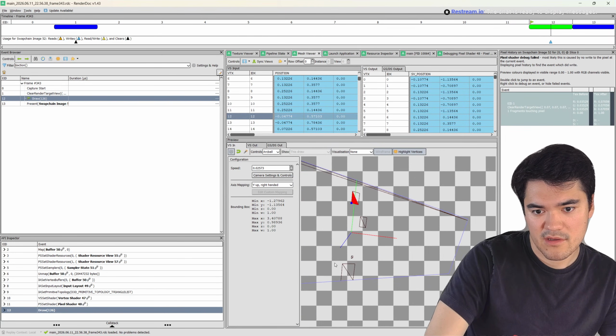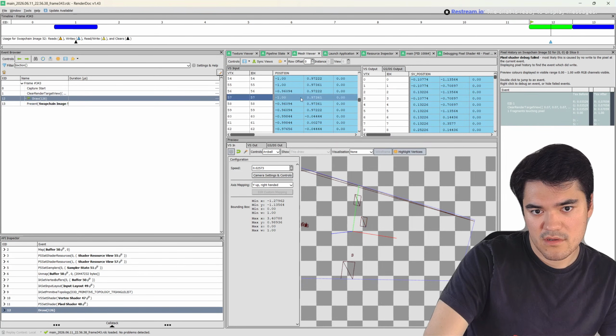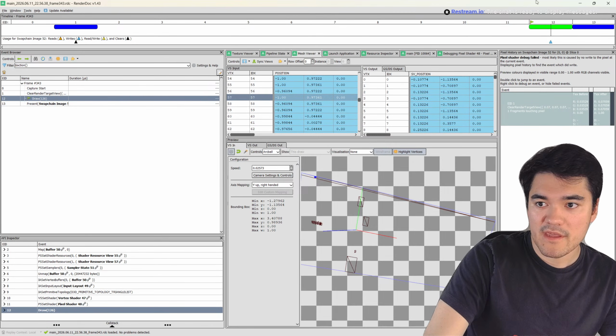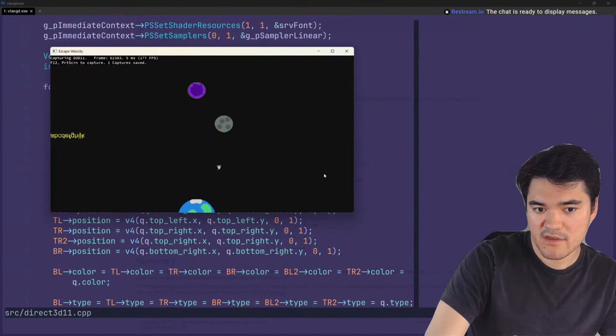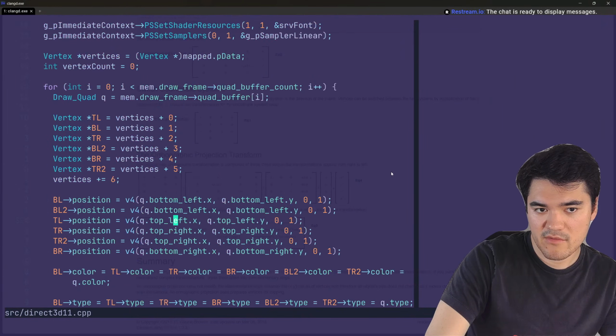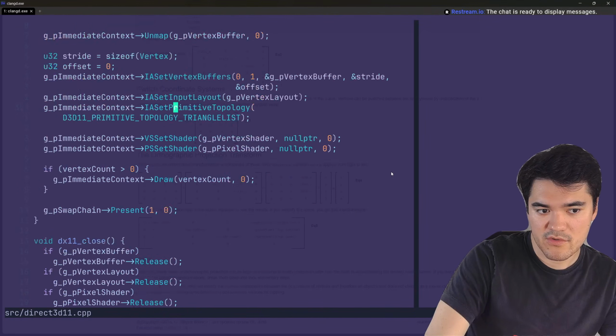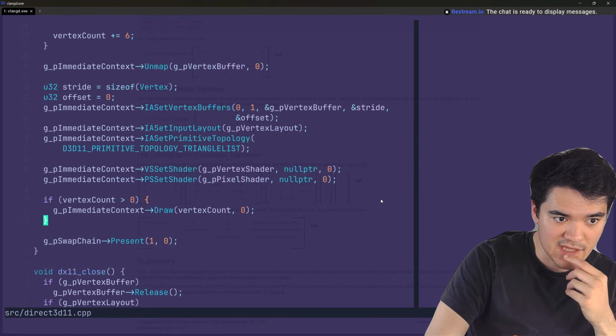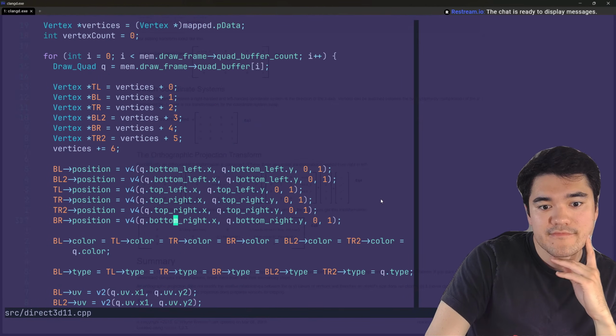Oh, this is a good one. Where is this? Yeah, that is at -1, 1. That makes sense. So -1, 1 is our top left here. Why is that? Who is telling you to do that? It's me, probably.